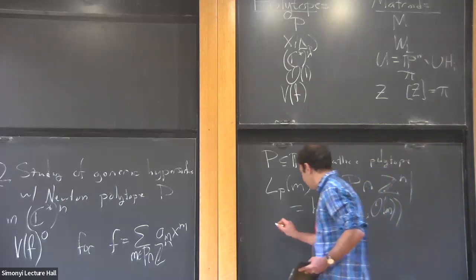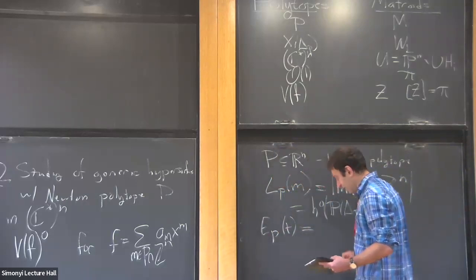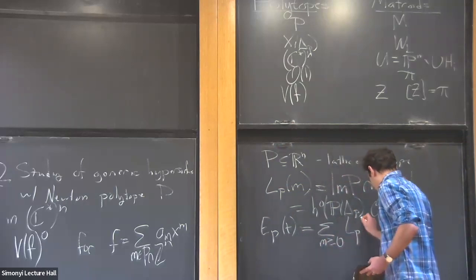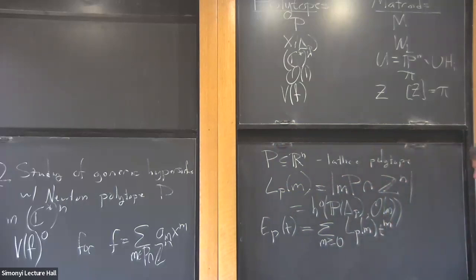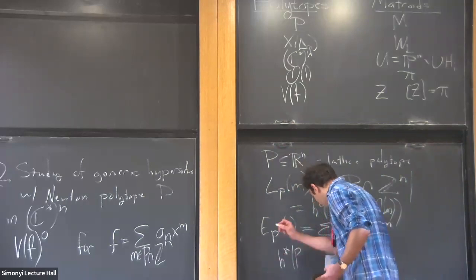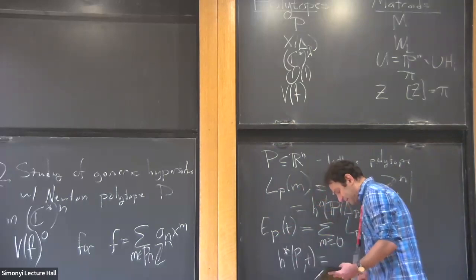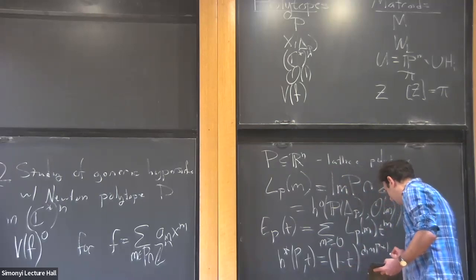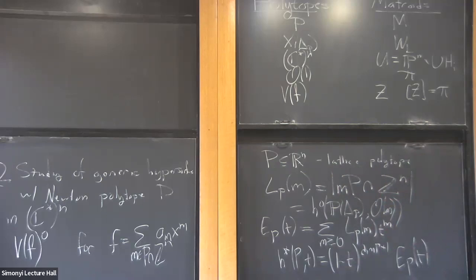Then you write down the Ehrhart series. And then there's the h-star polynomial. It turns out that you can get a polynomial out of this formal power series by multiplying by 1 minus t to the dimension of the polytope plus 1. And this thing has a lot of nice properties.